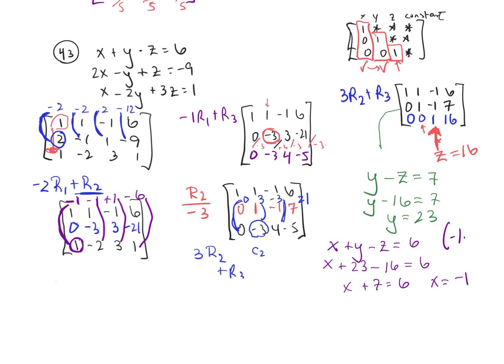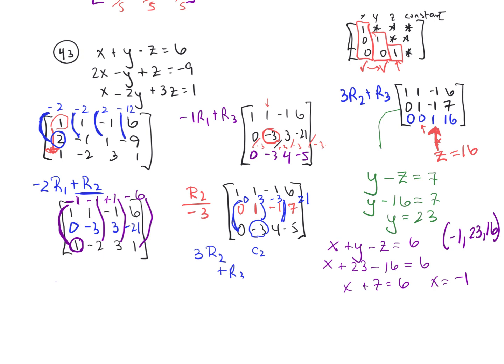Okay, so negative 1, 23, 16. Do you know what you can do with that? You could check it. Just saying. Since we used the first equation, let's check it in the third equation.